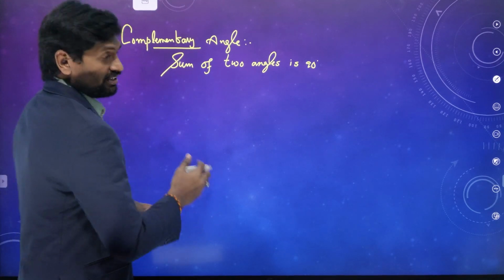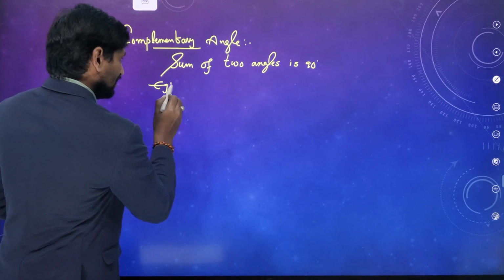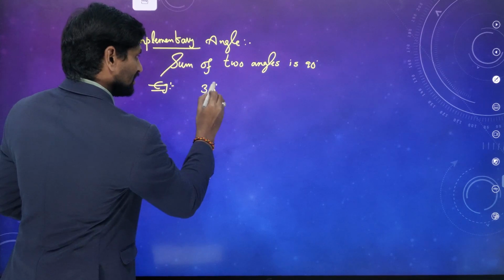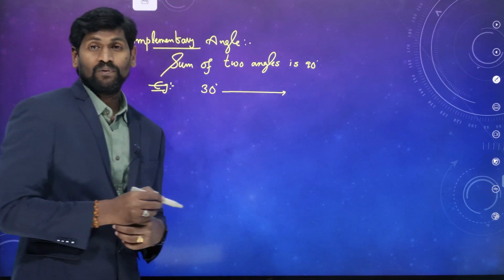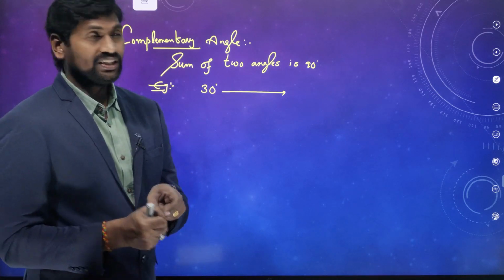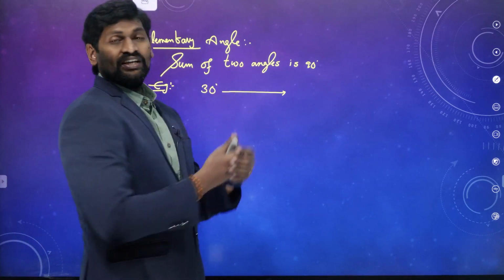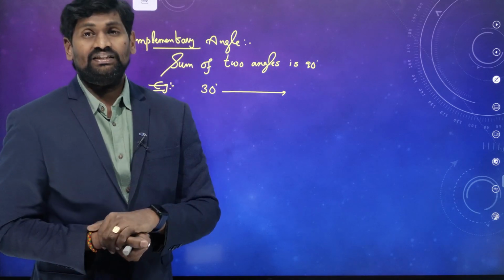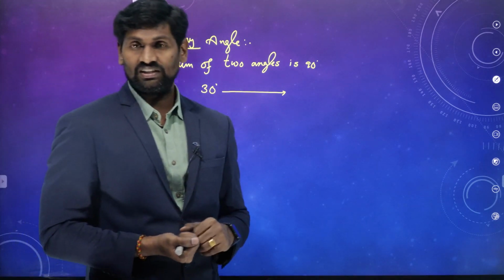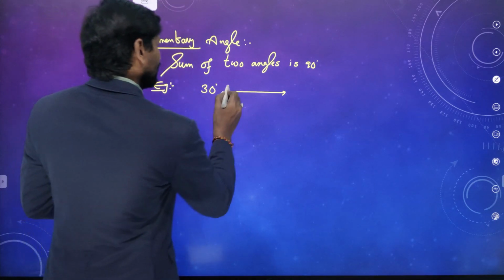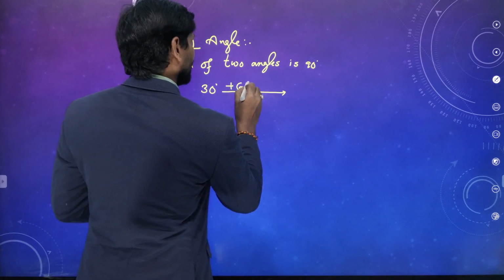For example, if one of the angles is 30 degrees, what is its complementary angle? Just now I told you the sum of two angles is 90 degrees, so each angle is complementary to the other. 30 plus 60 is 90 degrees.